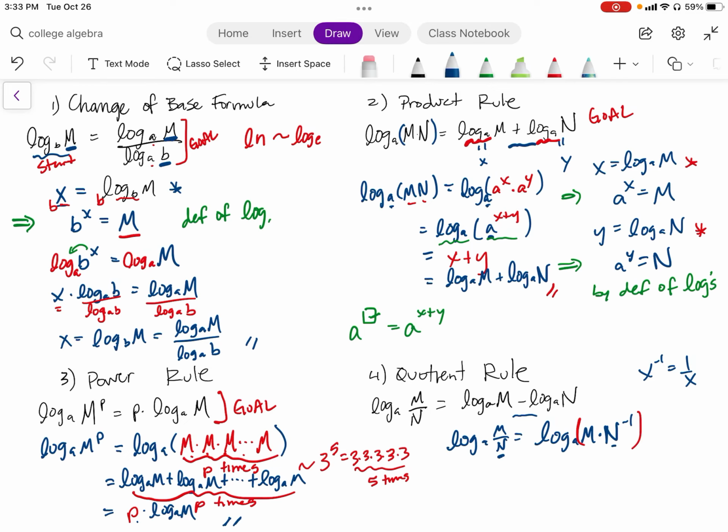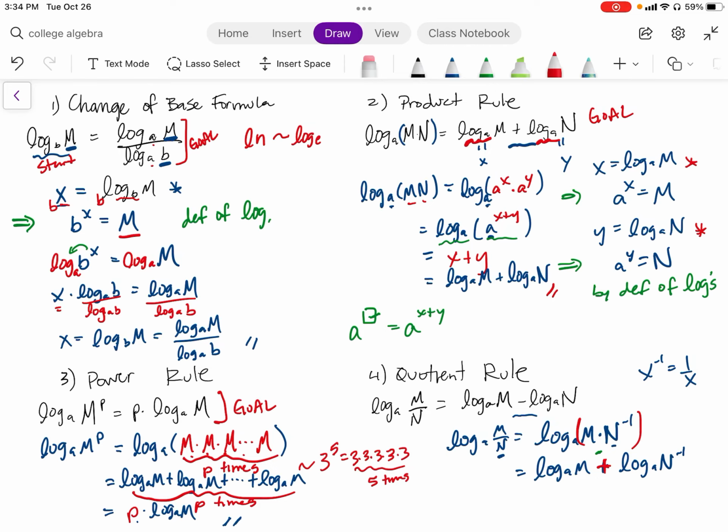Now we're combining two rules. I know one rule I have is if I have multiplication, right? If I have multiply, I could change that to addition. So I could do log am plus log an to the -1. Maybe I should have did this in red. That's okay though. Right, that's what I did so far. I used the product rule to change to addition.